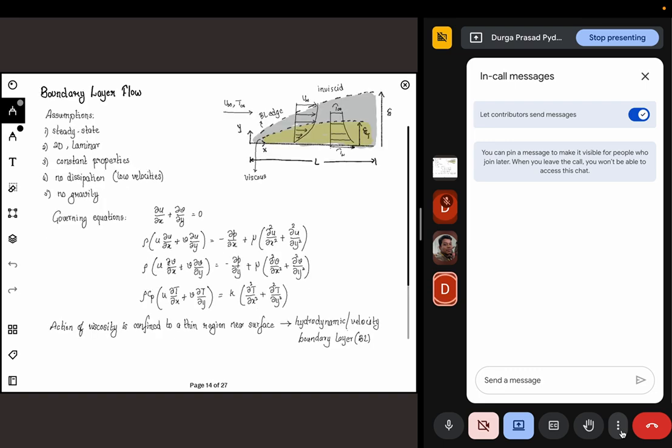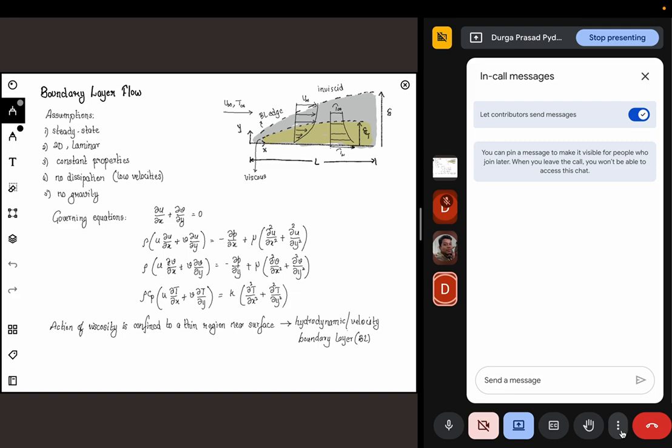Then comes the boundary layer flow. The idea here is whenever you have a surface and some fluid is flowing over the top of the surface, or in contact with the surface, there will be two distinct regions. The one very close to the surface is where the viscous forces are dominant. Again, in a fluid, the viscous forces are because of the gradients in the velocity. So near the wall, the velocity has to be 0.